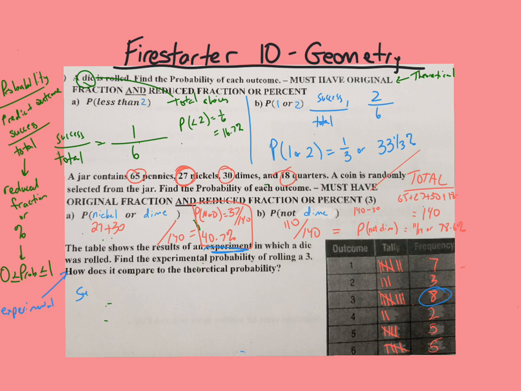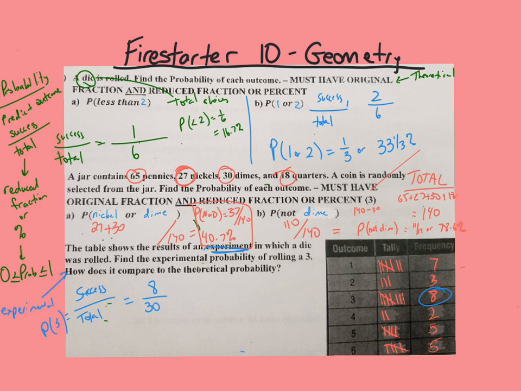So my success over my total. So the probability of 3 is my success. I have 8 threes over my total. Well, I have 10, 20, 30. So 8 out of 30.